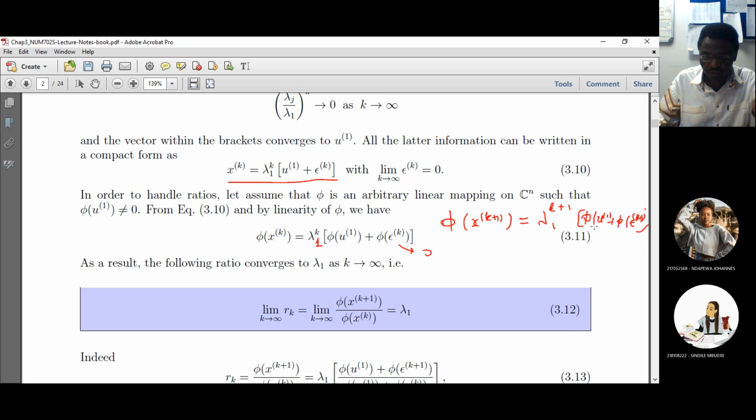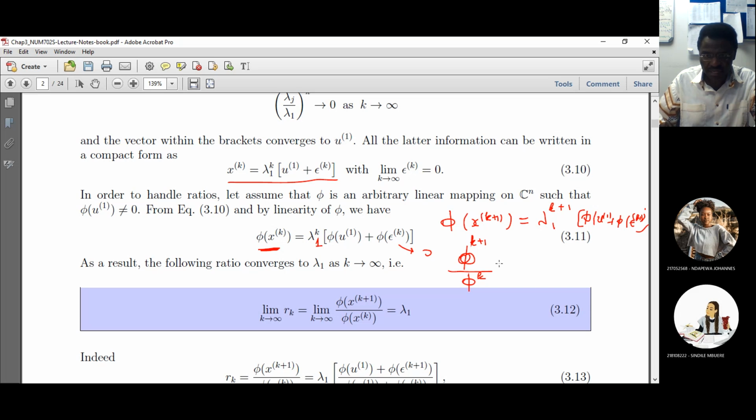Now, if I take the ratio of the two, to simplify the notation, I will put k plus 1 here, and I divide by this one, which I call phi of x to the k to denote this part.